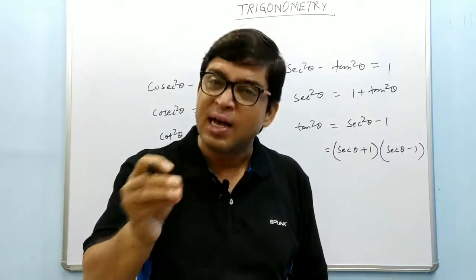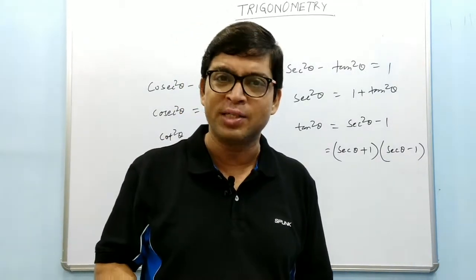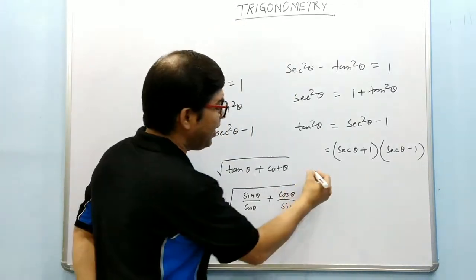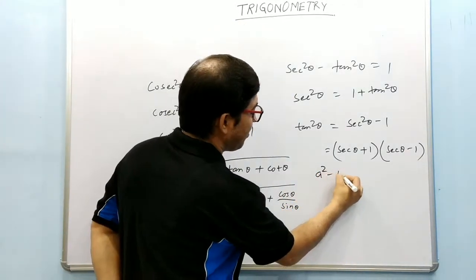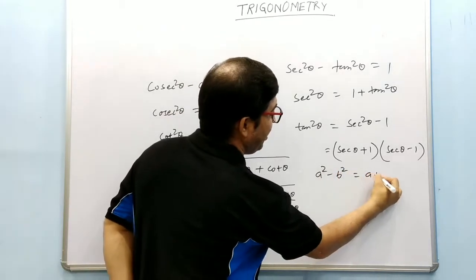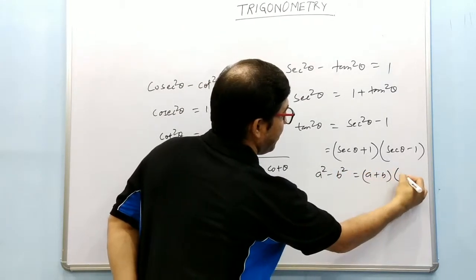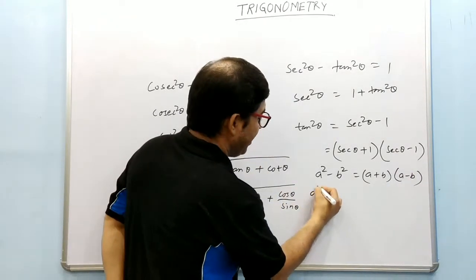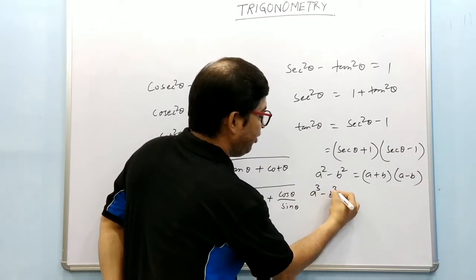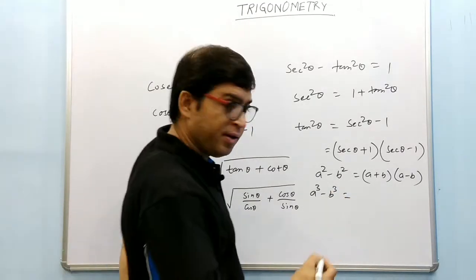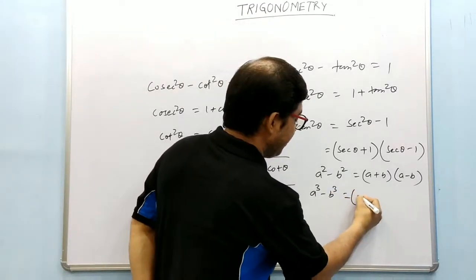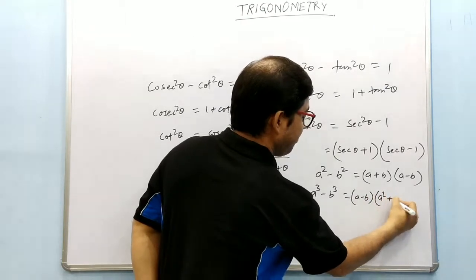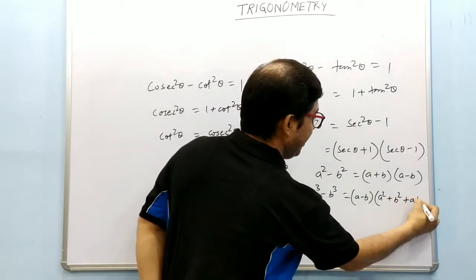Be careful. Some algebraic formulas are used. I'm just going for a revision of that. You know that a square minus b square is a plus b into a minus b. Somebody is writing a cube minus b cube. Can you tell me what that is? Yes, that is a minus b, a square plus b square plus ab.